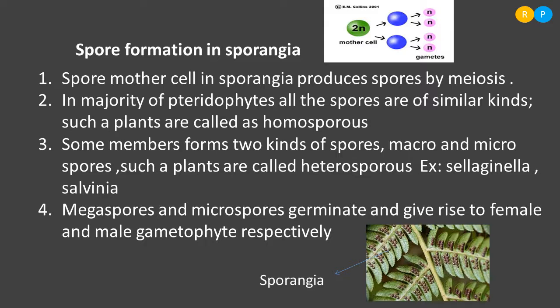So now in this slide, you just understand why the pteridophytic plant is called a sporophyte, what kind of spores they produce, what are the examples of pteridophytic plants, and what is the common name we use for pteridophytic plants. So what is the common name? They are the first vascular land plants.